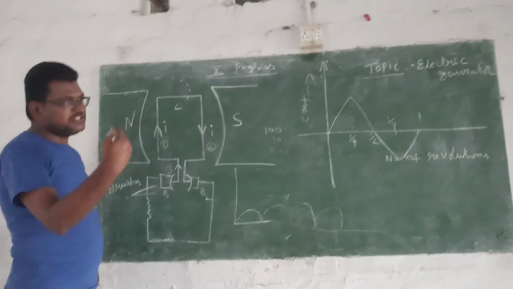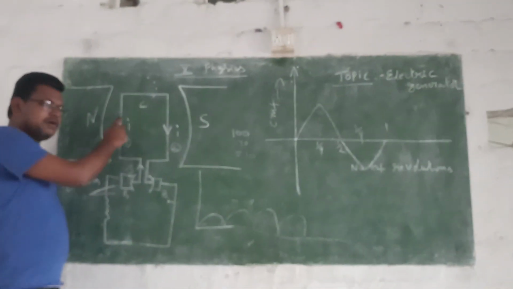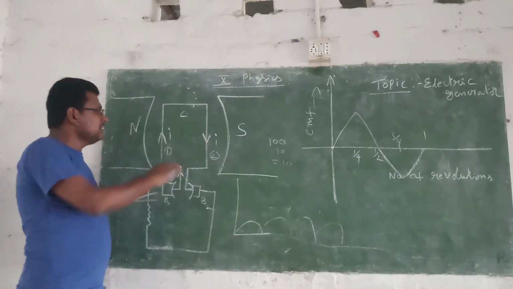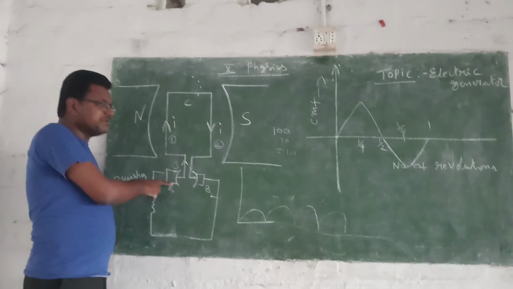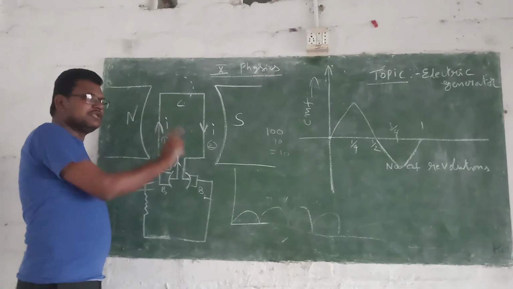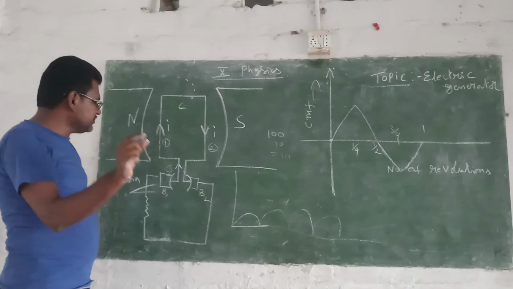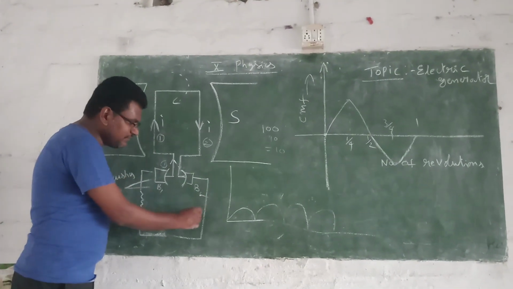In the first half rotation and in the second half rotation also, the wire which is in touch with brush B1 is the same. That means there is no change in the direction of current flowing through the external wire.